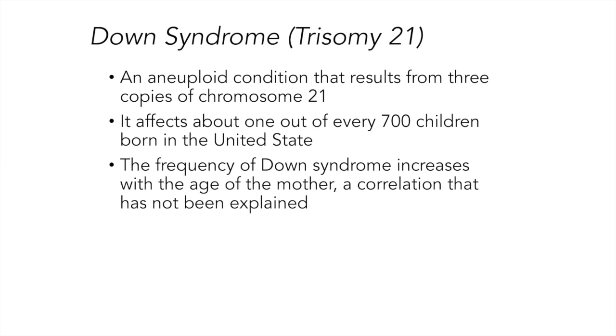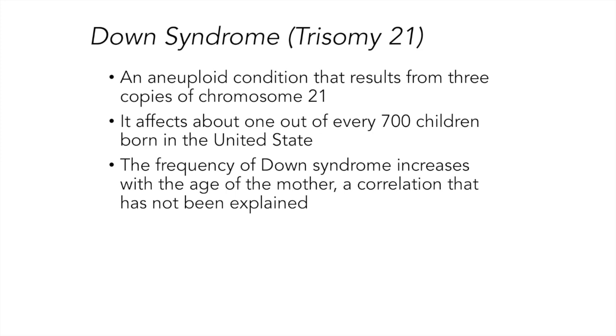And an interesting thing about Down syndrome is that the older a mother is at the time when she gives birth, the chances that a baby is going to be born with Down syndrome greatly increase. Typically, the magic number is thought to be 40.